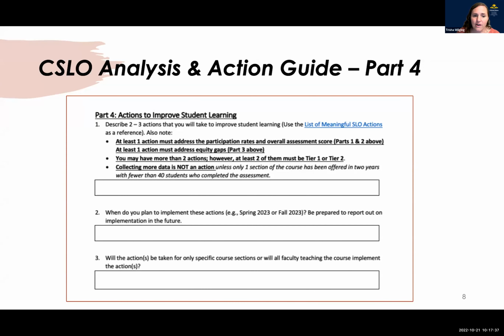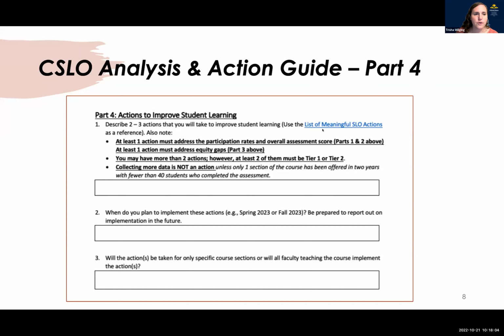And we want one of their actions to address the participation rate or overall assessment score. And we want one of the actions to address equity gaps. Now, they can have more than 2 actions, but at least 2 of them we say must be tier 1 or tier 2. And I can explain a little bit more what that means next week, but we provide a sample list of meaningful actions as a reference for faculty.